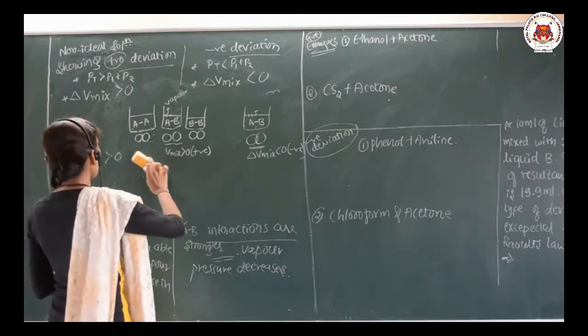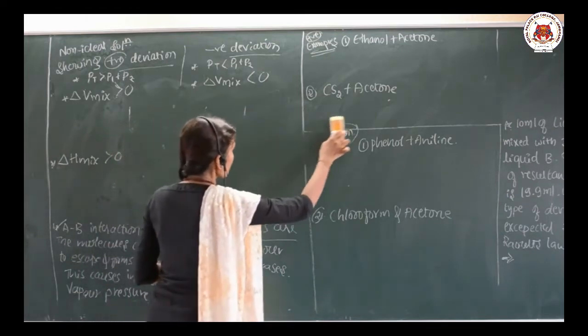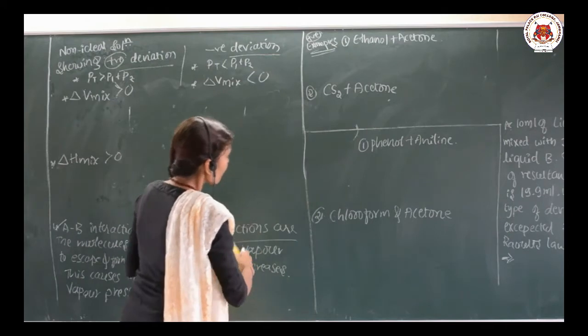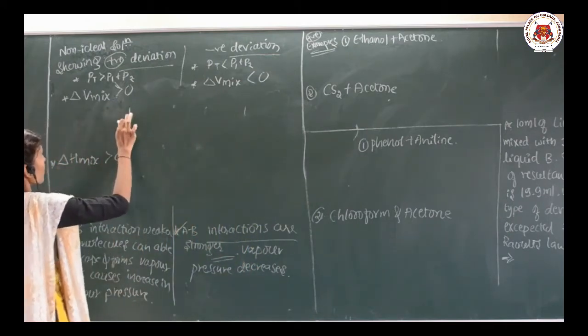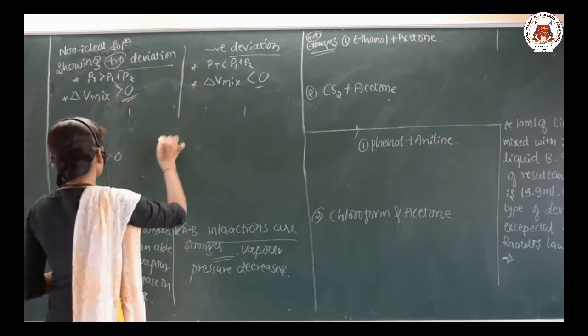Okay. So, this is how we can explain how the vapor pressure plays a role. So, this is regarding the V mixing. V mixing will be positive, V mixing will be negative. The reason is explained.